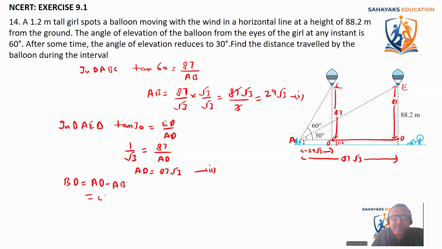AD is 87 root 3 minus 29 root 3. So here root 3 comes as common. It becomes 87 minus 29, which comes as 58. So 58 root 3.